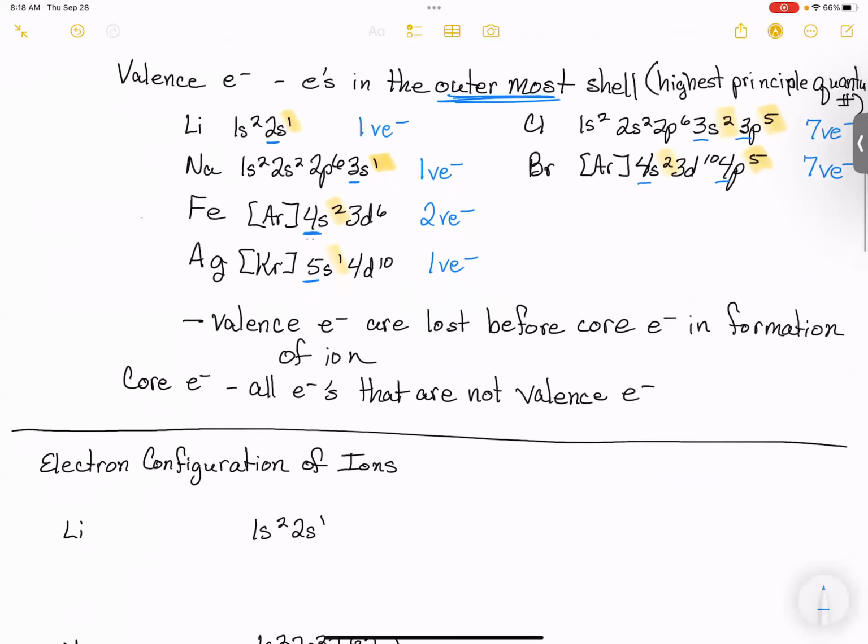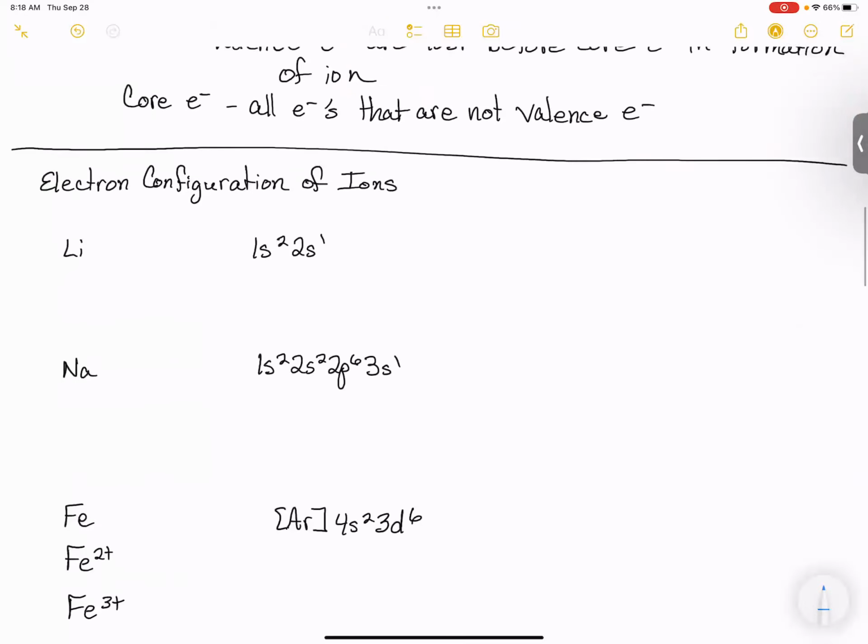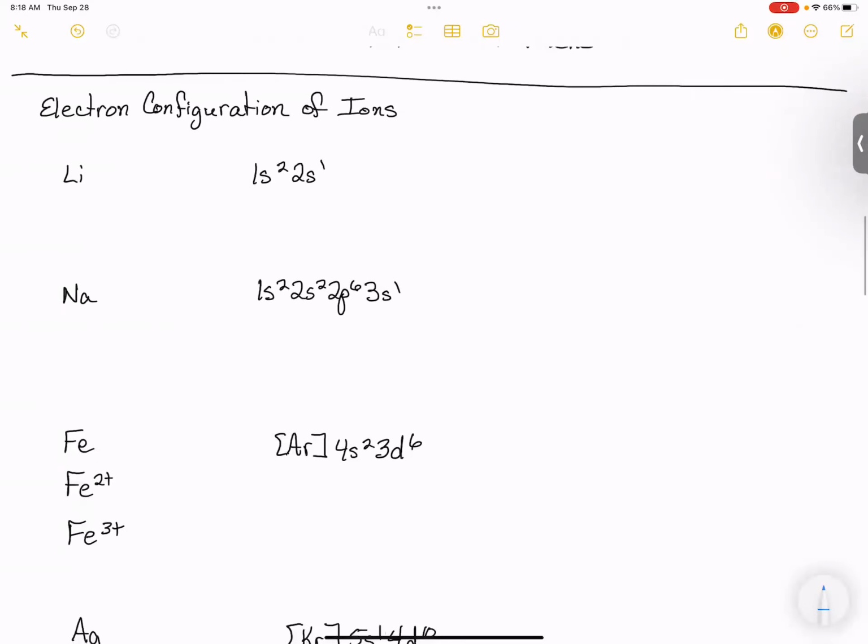Then let's look at electron configurations of ions. A few moments ago, I gave you lithium as 1s2, 2s1.